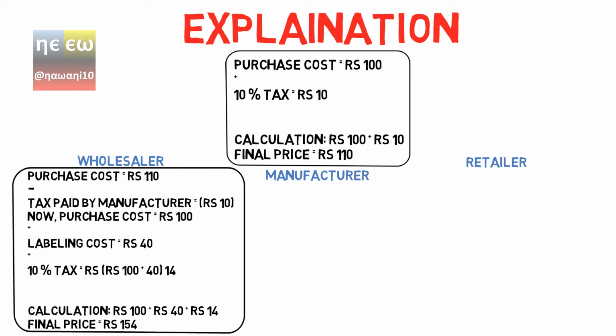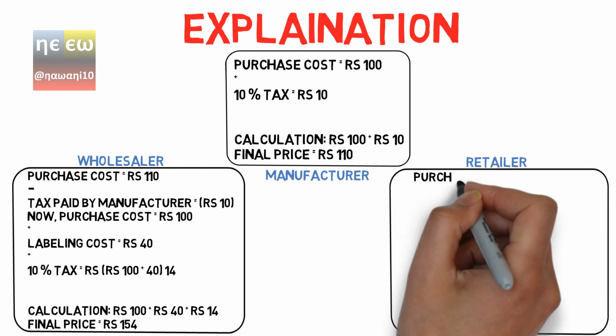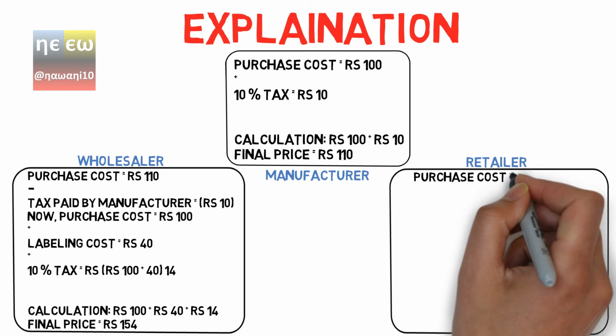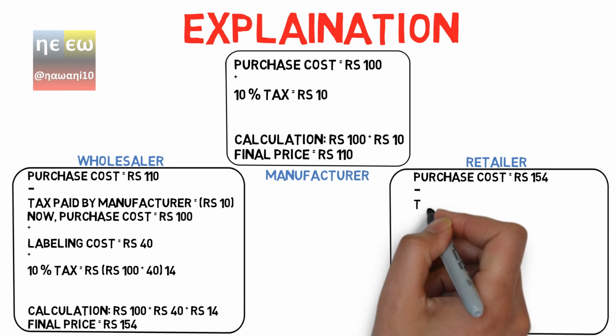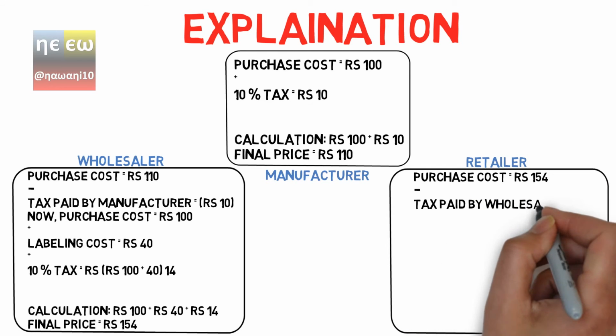Retailer buys the t-shirts from the wholesaler. Purchase cost equals rupees 154 minus tax paid by wholesaler equals rupees 14.